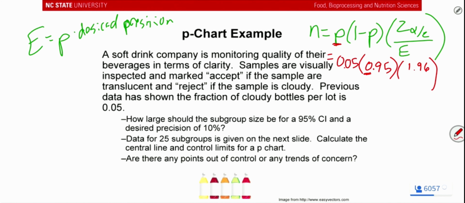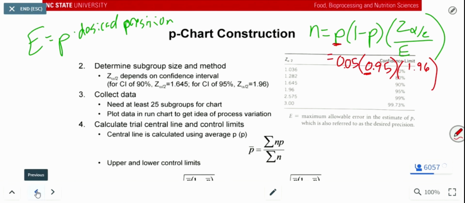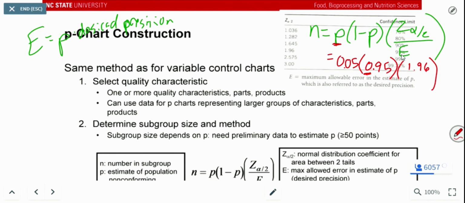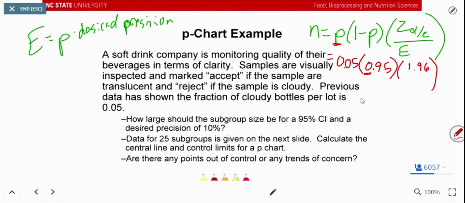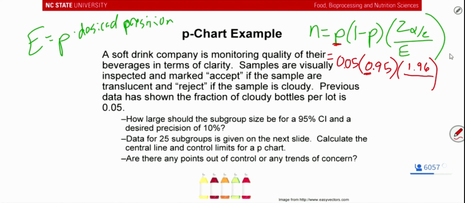It's going to be 1.96, which is right here. I've written over it now, but this is 95% in the second column. Can you see that? We're looking over here, 1.96, okay? And we need to divide that by E. And here we go.